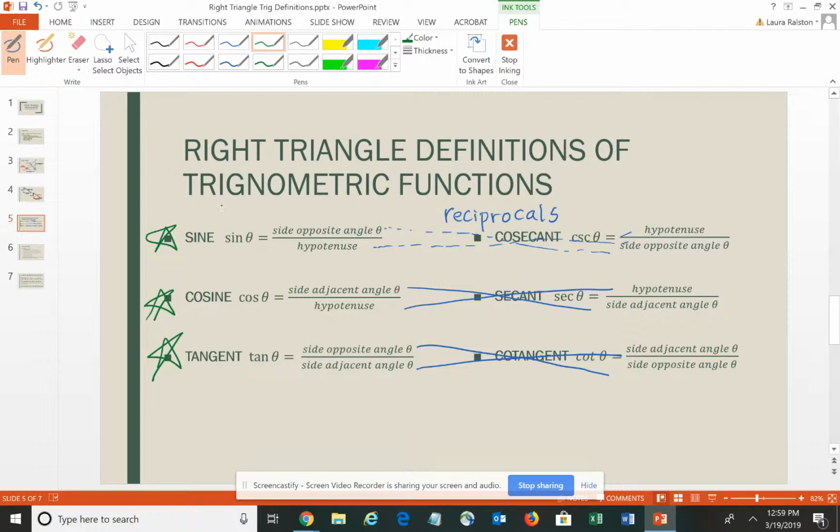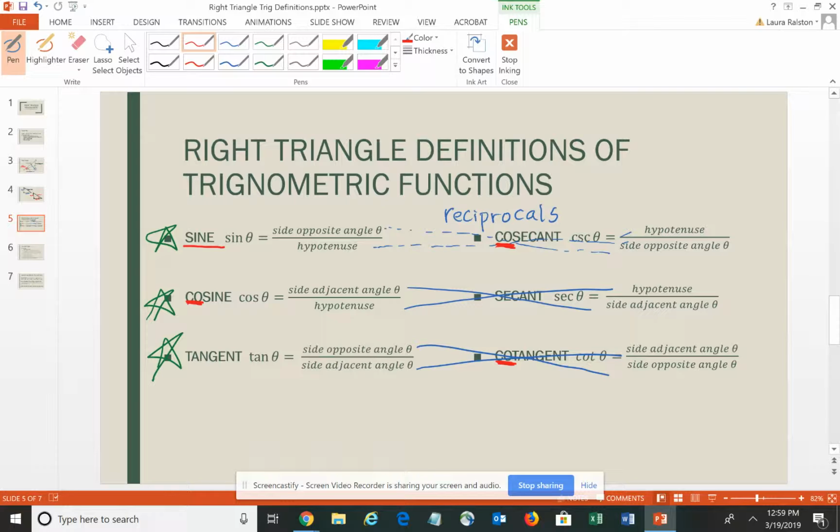The other thing that I'll point out to you here is notice how one of the functions is just like plain old sine. The other, its partner function, has a co. So you have sine and cosecant. You have cosine and plain old secant. You have tangent and cotangent.